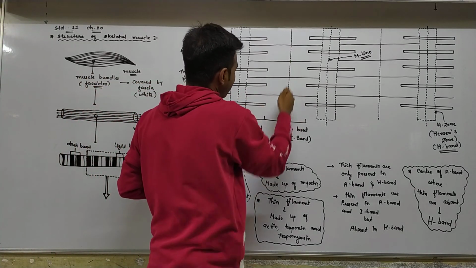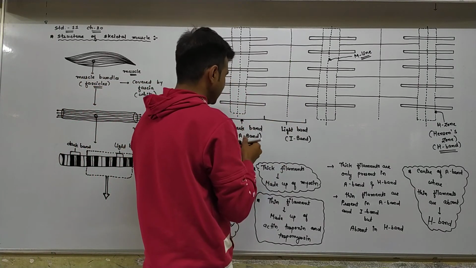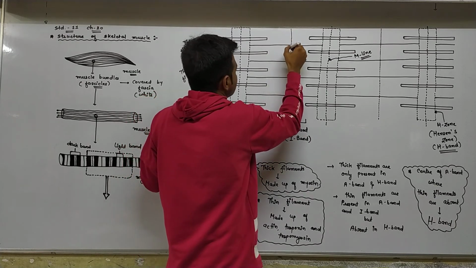The center line of the I band is known as Z line.